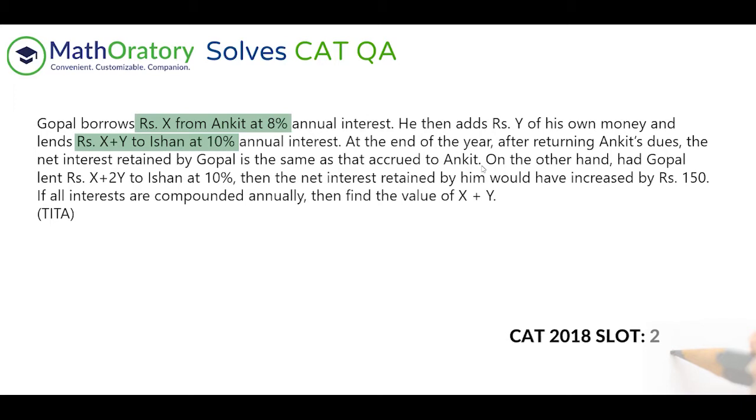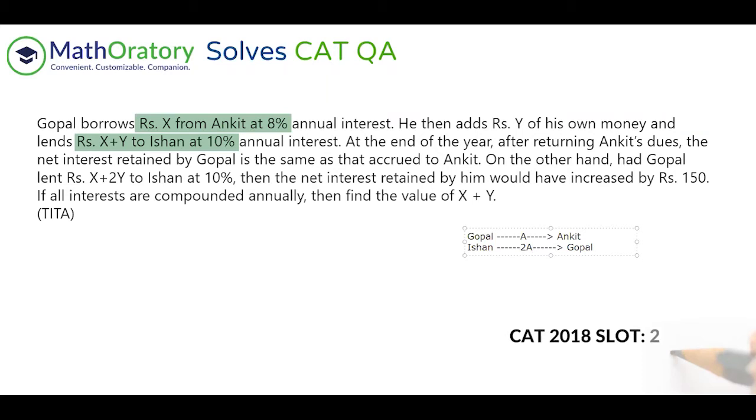The relationship coming to my mind is this: let's say Gopal has to pay a certain amount, A, to Ankit, and Ishan has to pay a certain amount to Gopal, which we don't know. After Gopal gets this money, he gives this A amount to Ankit, and after that he has A amount left. So this should be 2A, right?